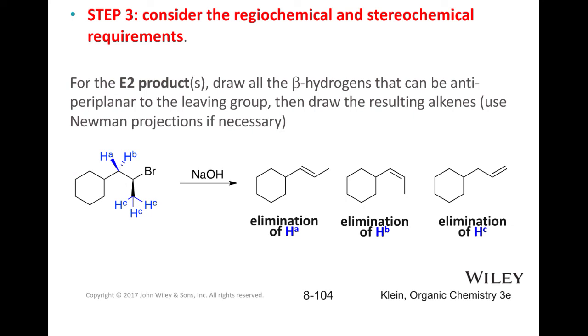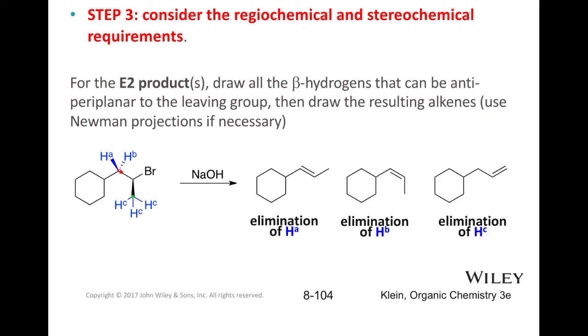So you can see on this carbon here in red, we have 2 beta protons, and on this carbon, I'll get out the green pen here. On this carbon, we have 3 beta protons. So when we have 2 beta protons on the red carbon here, that means that it's not going to be stereospecific.